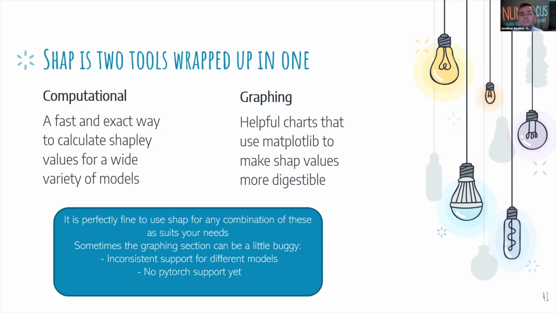And also SHAP, as of now, doesn't actually support PyTorch for neural networks, only TensorFlow. If you clone the GitHub repository and use one of their working branches, I believe they do have some versions of it to support it now, but in terms of the official release, it's not there yet.